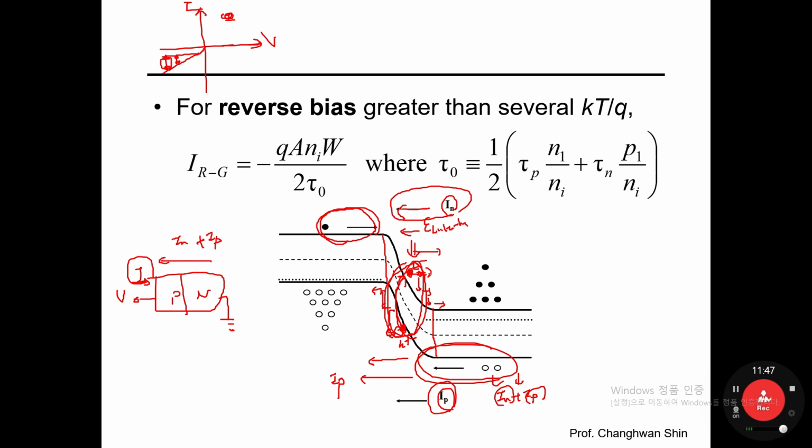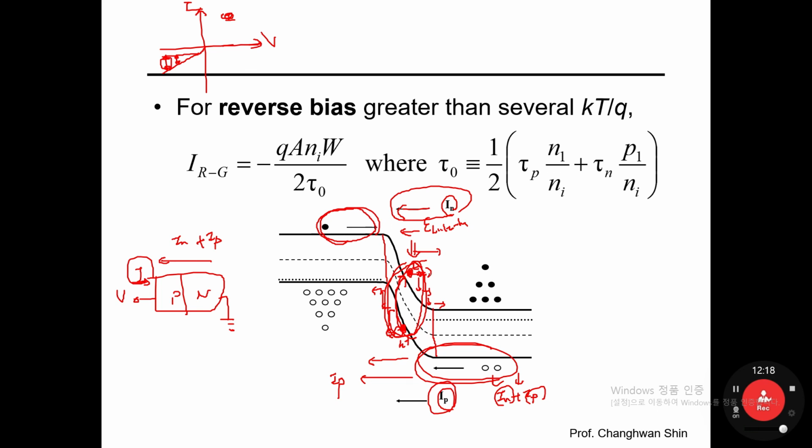As the magnitude of reverse bias increases, the depletion layer width becomes wider, so that the total number of thermally generated electron hole pairs can become high. They can become more. So I sub N and I sub P, the current value from N to P, becomes more. That's the reason why at a larger reverse bias, more additional I sub N and I sub P can be obtained.